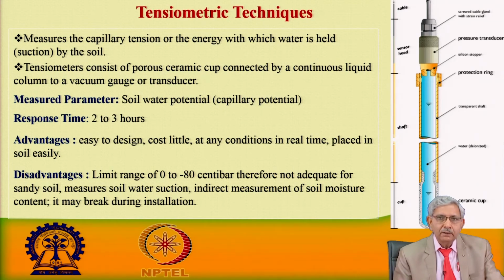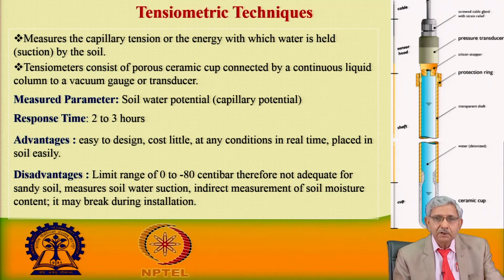Tensiometric technique: we are measuring the capillary tension, or energy, with which water is attached or available in the soil pores. It is the capillary forces which are holding the water within the pore.